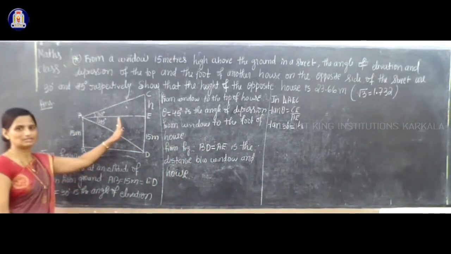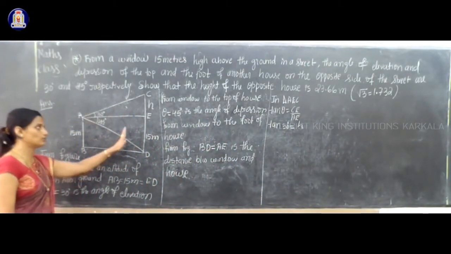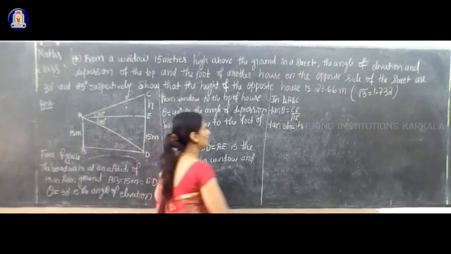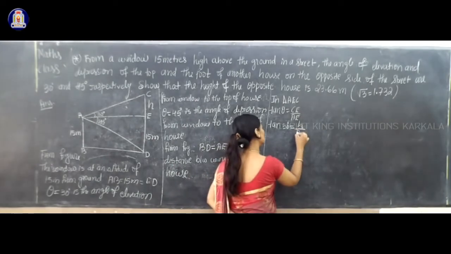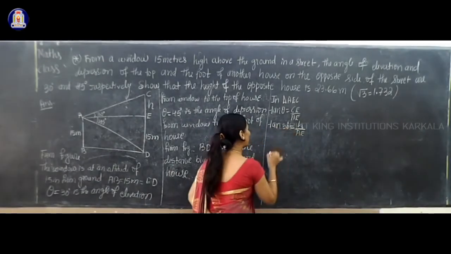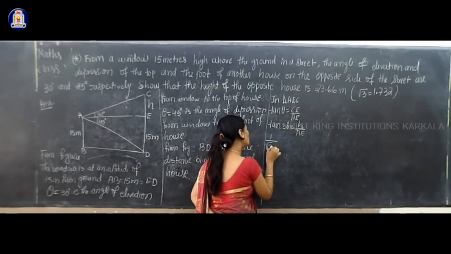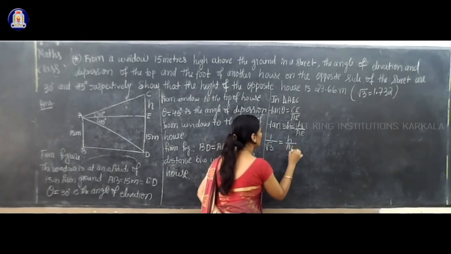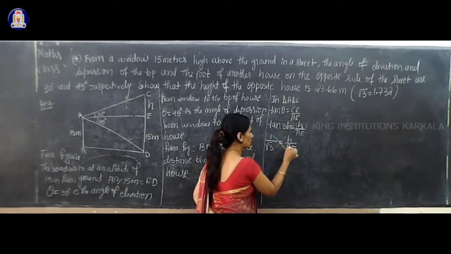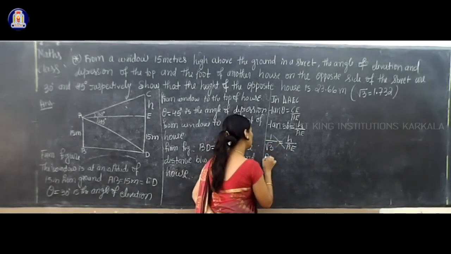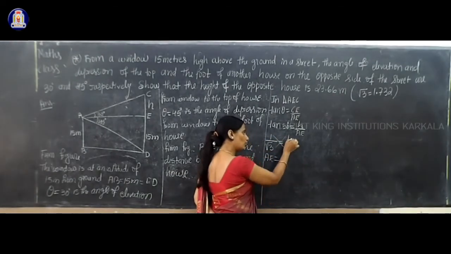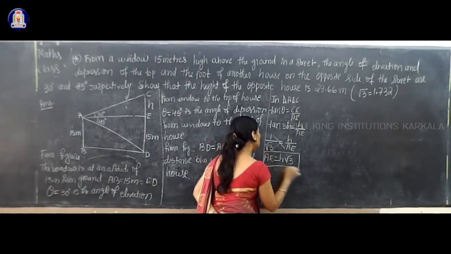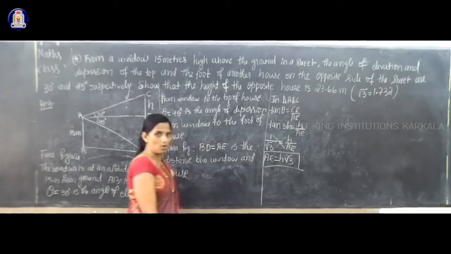We did this type of figure simplification, right? So h divided by AE, keep it as it is. Tan 30 is 1 by root 3, which is equal to h divided by AE. Now cross multiply. AE into 1 is AE, which is equal to h into root 3. So let this be the first box.